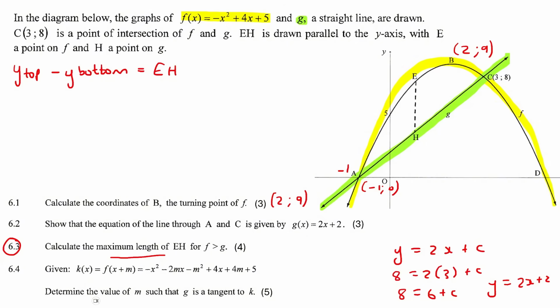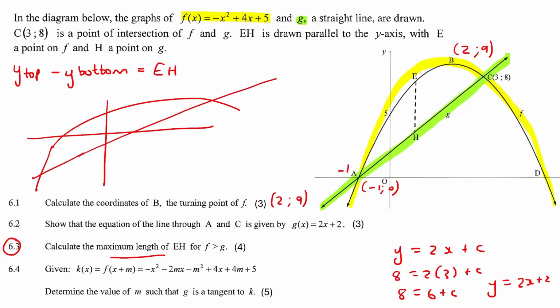Let's say, for example, I had a different scenario where I had a graph like this and I had that, and I wanted to work out this length. Let's actually make it a little bit easier. Let's say I have something like that and I want to work out this length over here. Now let's say the y value up here is 4 and the y value over here is 1.